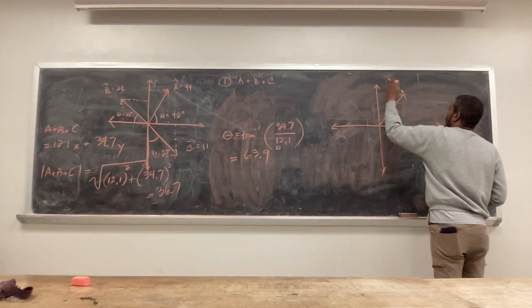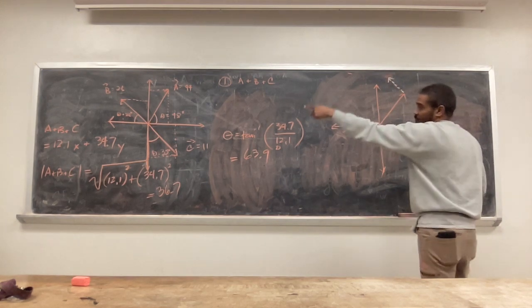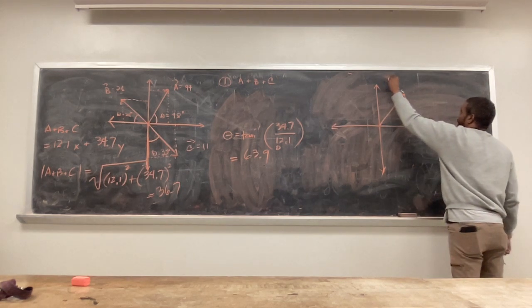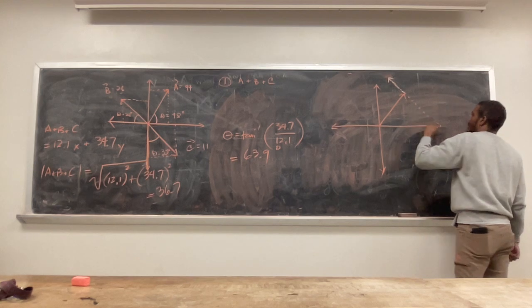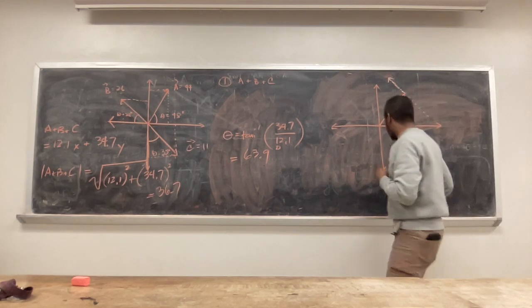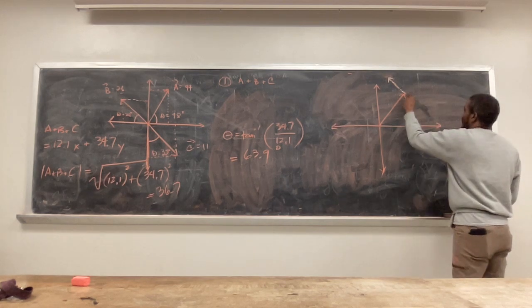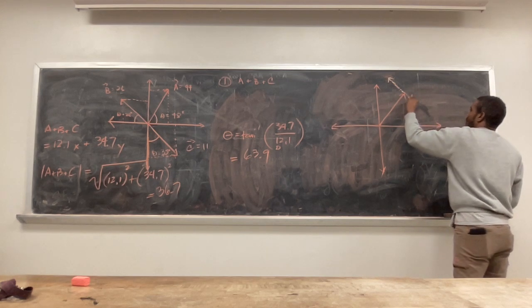That's B. And so C would be sort of the same way, kind of coming back. It might not be as long, that's probably a little too long. Let's say about right here. And remember, this is not drawn to scale.